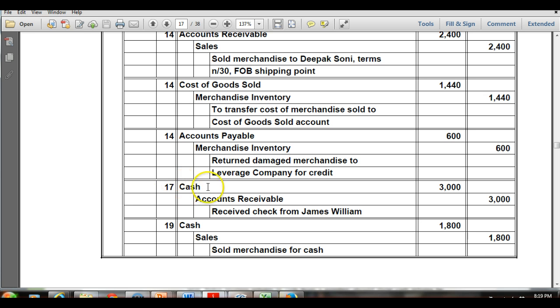Debit cash, $3,000. Credit our accounts, did I say accounts payable? I'm sorry. Credit our accounts receivable for $3,000.